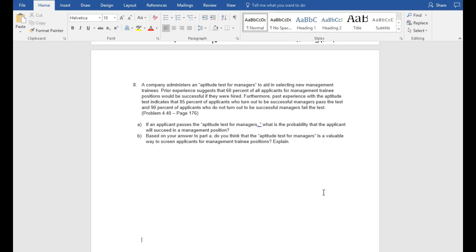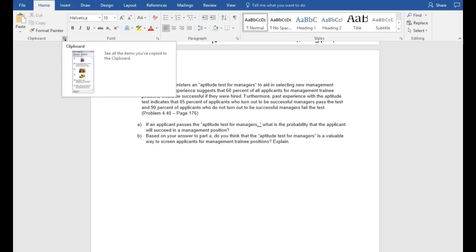Okay, so the first things we have to determine are what are our events, what are our variables here. And we can see that there is passing the test and being a successful manager. So that's how we're going to approach making our contingency table.